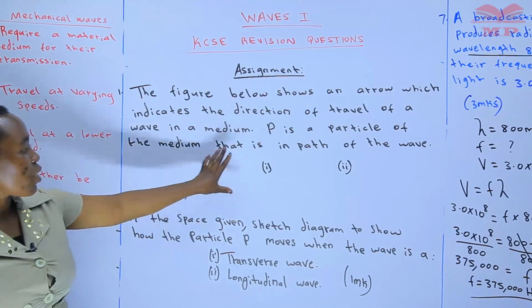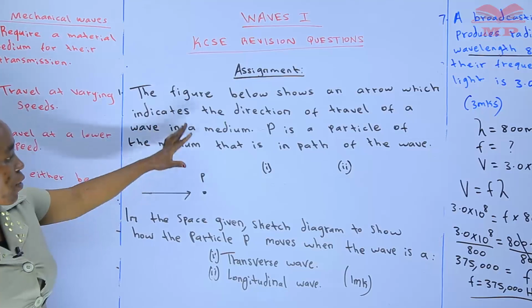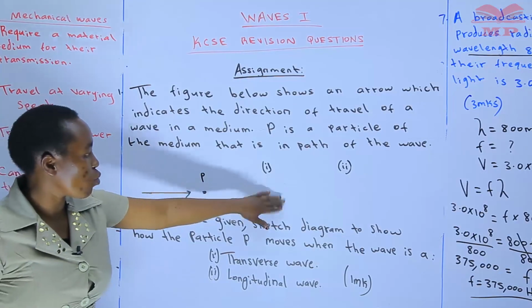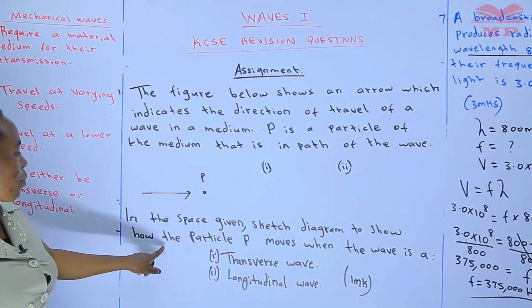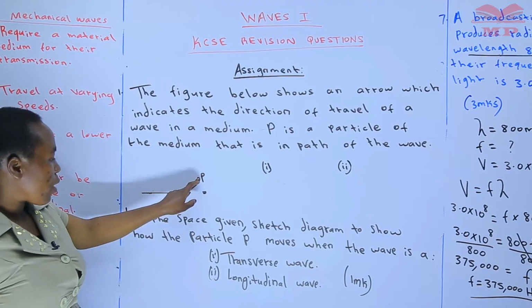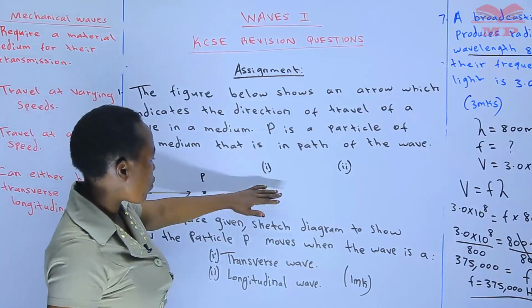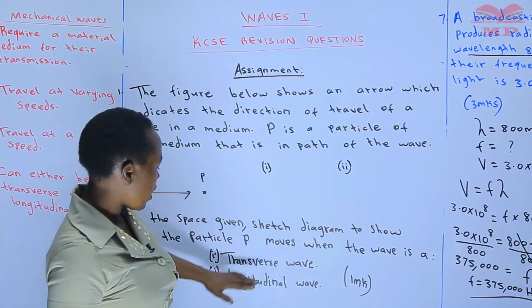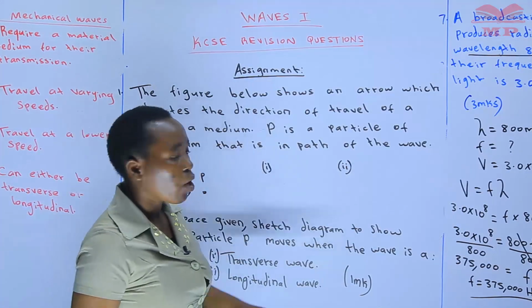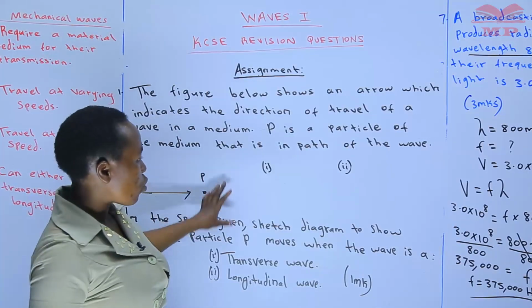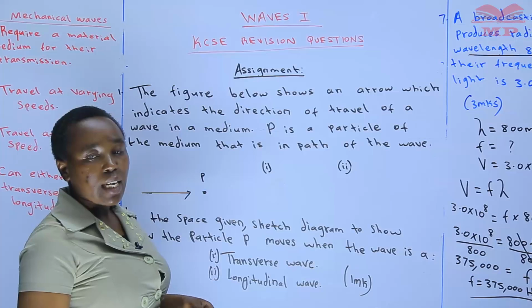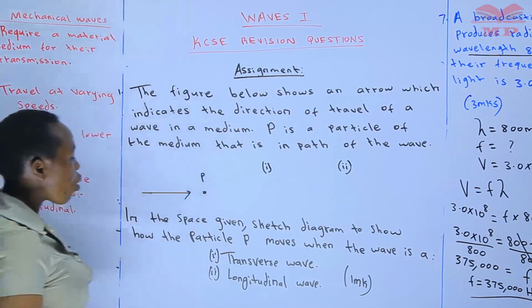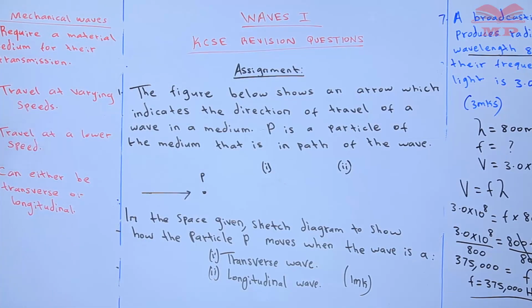So you are told, in the space that you have been given, that is after you write the question, to sketch a diagram to show how the particle P moves when the wave is a transverse wave. So you sketch here for the transverse and Roman 2 for the longitudinal wave. And this you can get clearly from where we were defining the transverse and the longitudinal waves. That's question 1.